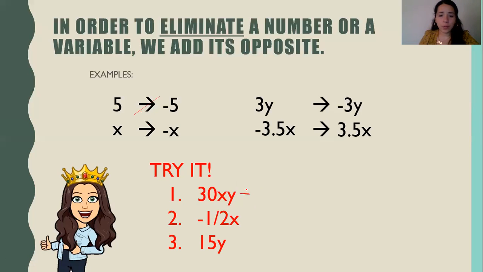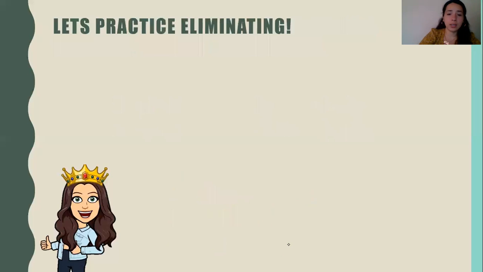Okay, so far what I've seen you write is 30xy, the opposite is negative 30xy, good. Negative half x, the opposite is half x. And notice this is the same thing as this. When they put 1/2 like that, that means this. It's just sometimes it's hard to type it in, so they type it like that. And then 15y is negative 15y, so good job with that.